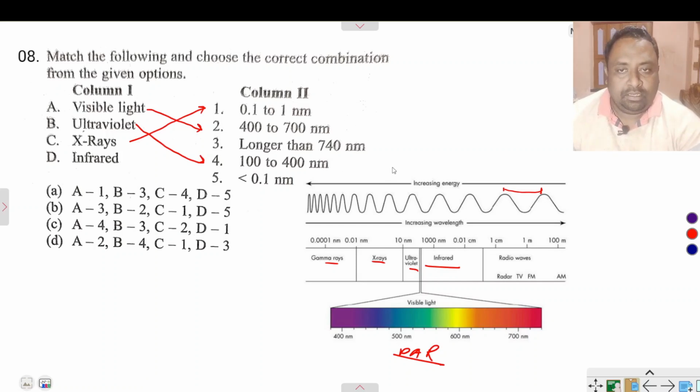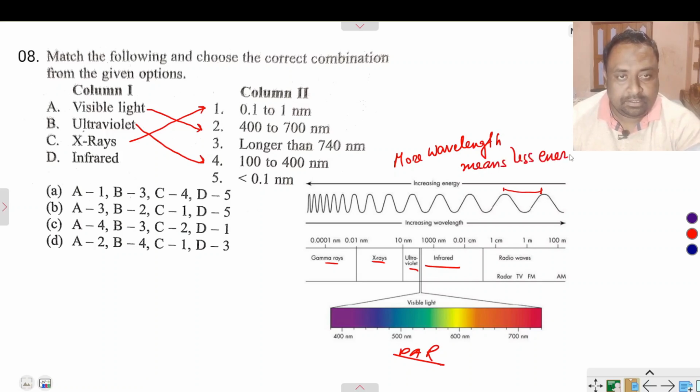You can remember, more wavelength means less energy. Clear? So here the correct option is D: A2, B4, C1 for X-ray, and D3.